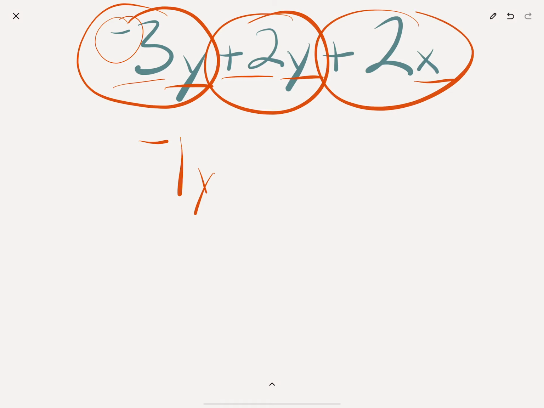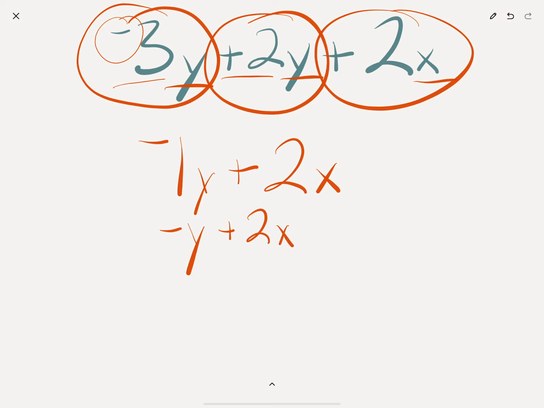Don't forget about your lonely positive 2x over here. We're going to bring him down also. Now one point I want to make is that this y has a coefficient of negative 1. Usually when we're using variables and they have a coefficient of 1, we're not going to write that 1. We're just going to take away the 1 and write it as negative y plus 2x.